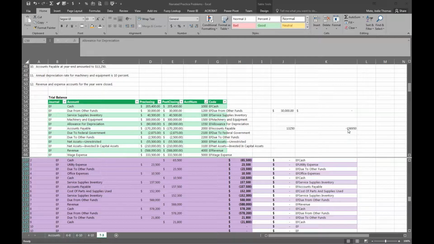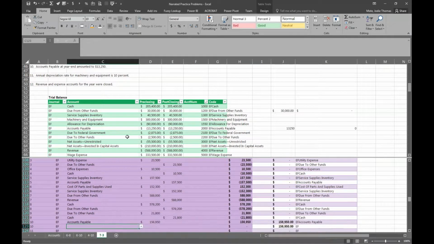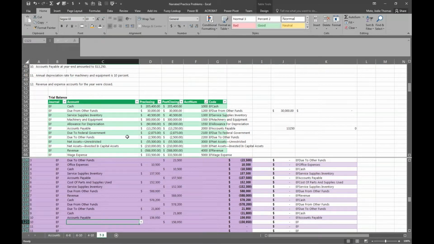So the change that we're going to need is a decrease in accounts payable of $156,950. So we're going to debit accounts payable for $156,950, which is what we're solving for here, how much of that accounts payable we paid off in cash.